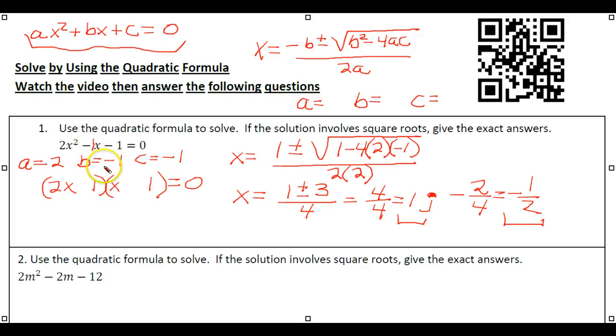We need a negative 1 in the middle, so this will be a negative and this will be a positive. And if we equal each of these to 0, here this is a negative 1/2. Transpose the 1, divide by 2. Here we just transpose the 1. X is going to be a 1.